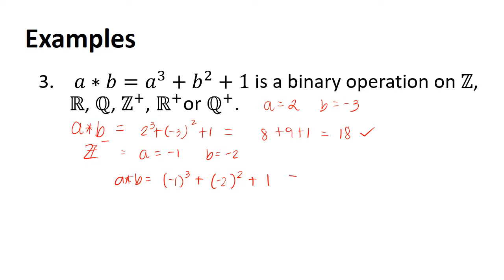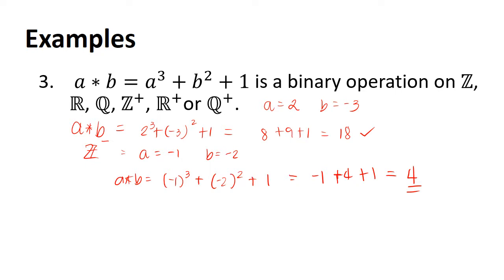We get negative 1 cubed is negative 1, negative 2 squared is positive 4, plus 1. That is negative 1 plus 4, which is positive 3, plus 1, 4. We get a positive integer, and we are working on the set of negative integers, and 4 is not an element of the set of negative integers.